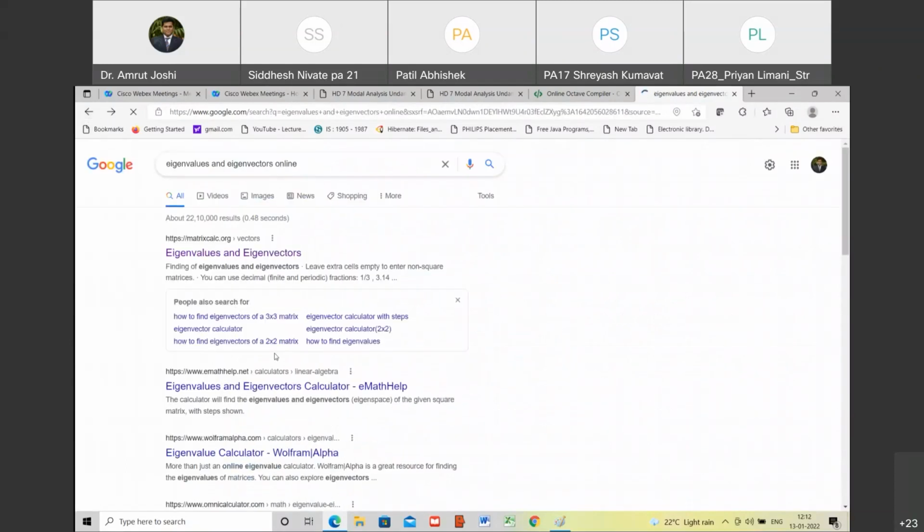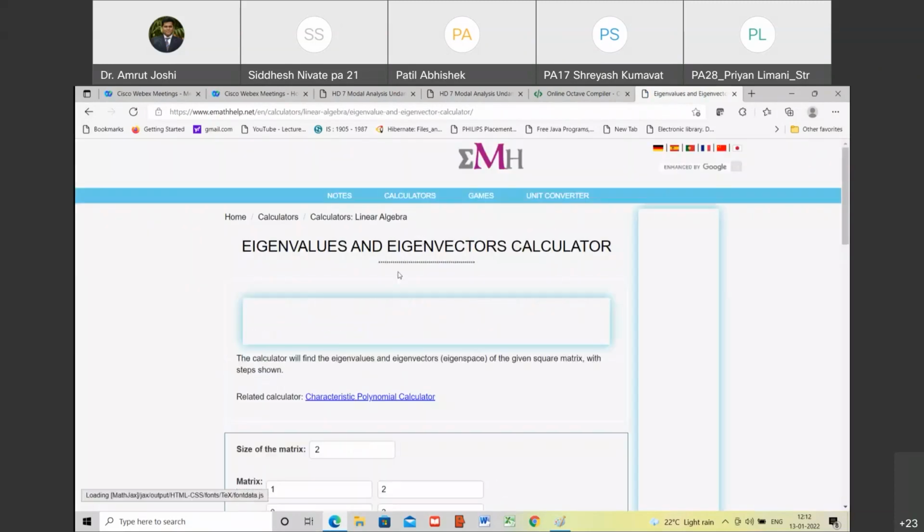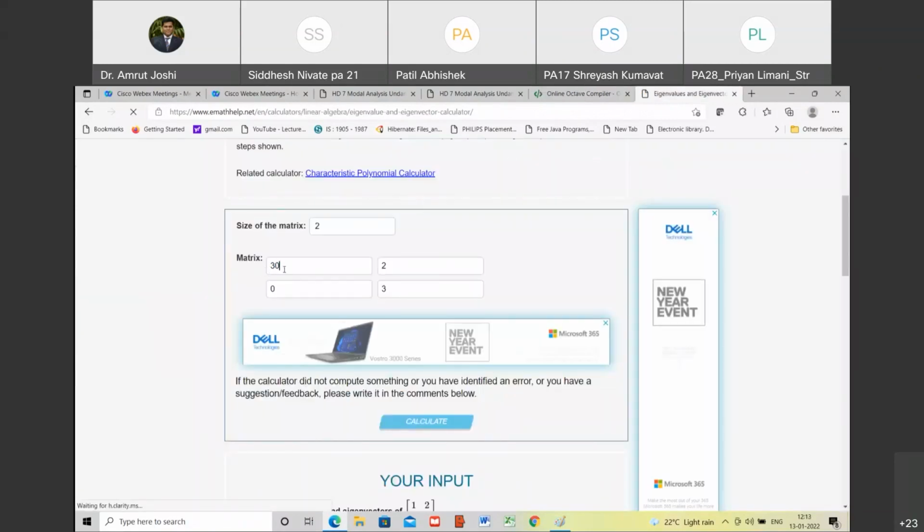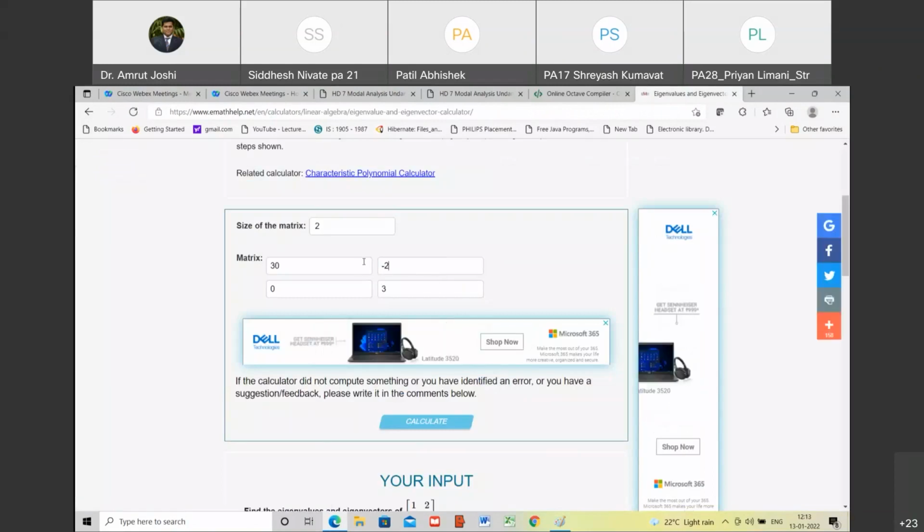Let's do one thing. Let us use another one. So tell me again, 30. Please be patient. Minus 20. Then plus you have 13.333, minus 13.333, and positive 13.333.